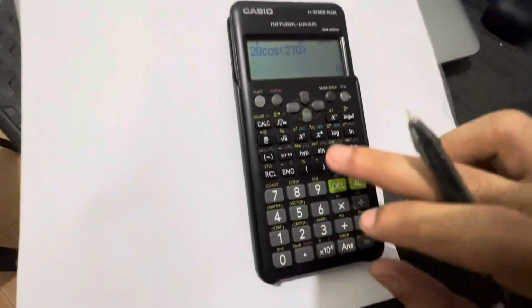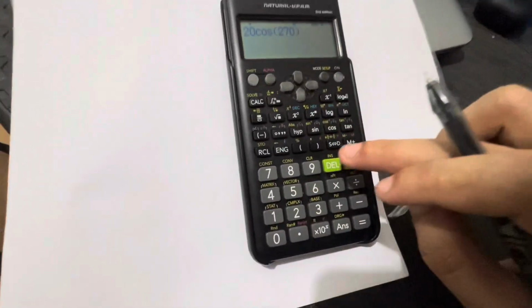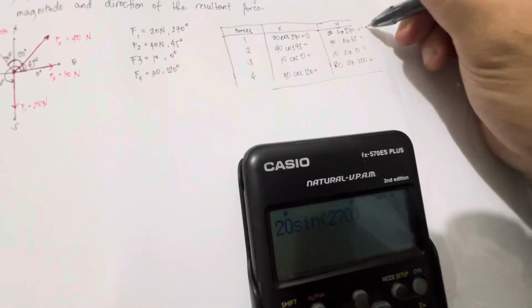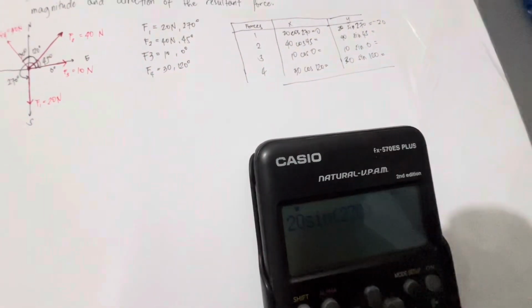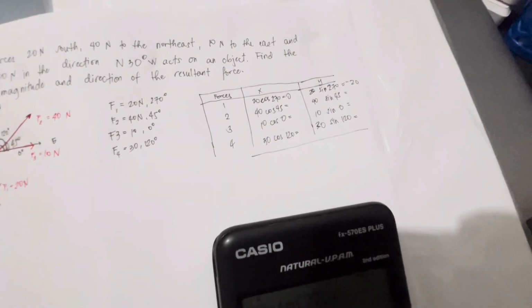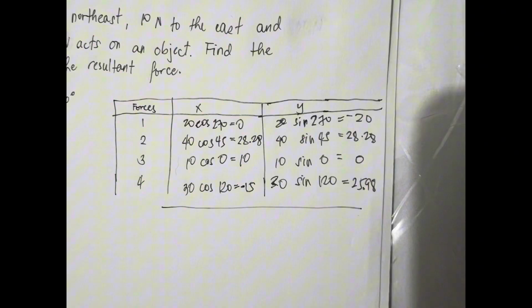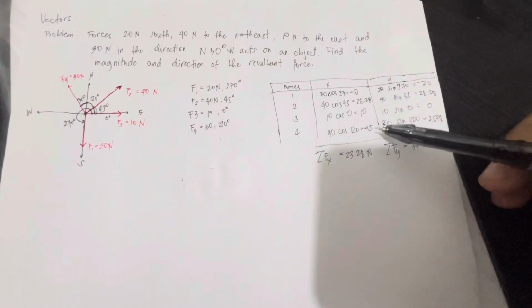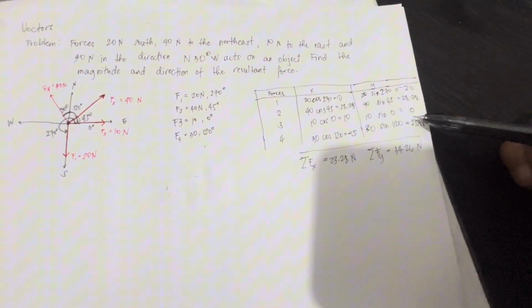And then 20 sine 270, that is negative 20. Okay? So i-calculate na nato ang tanan, ito siya ang results.